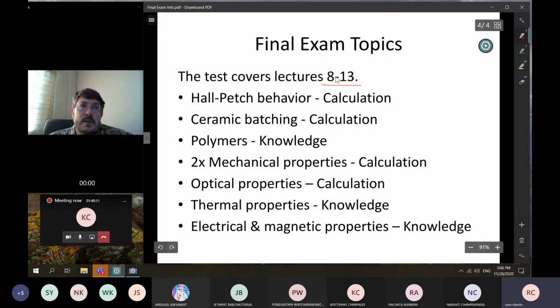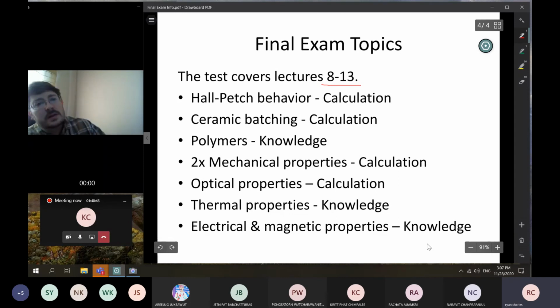So it's going from metals, ceramics, polymers, and then all of the properties. Those are those lectures. There's a question on Hall-Petch behavior, a question on ceramic batching, a question on polymers, 2 questions on mechanical properties, a question on optical properties, a question on thermal properties, and some questions on electrical and magnetic properties.